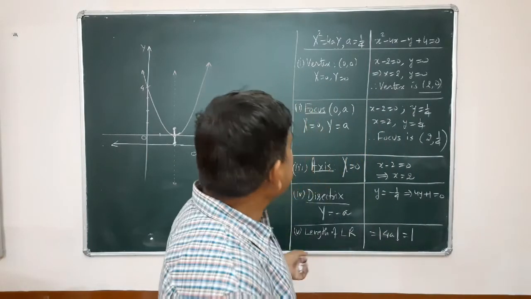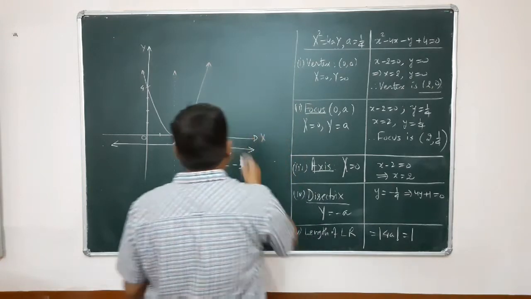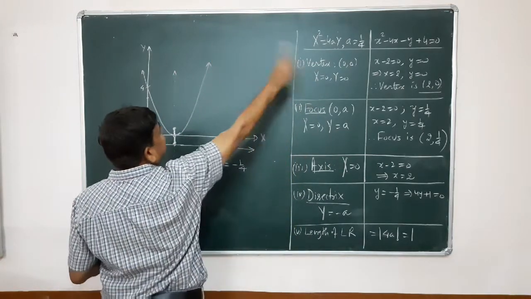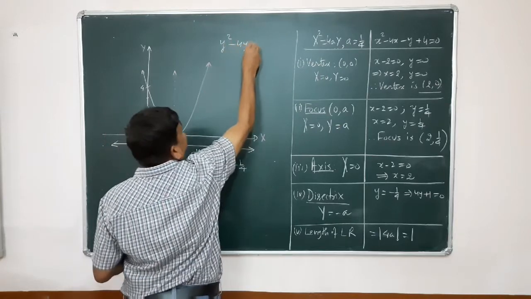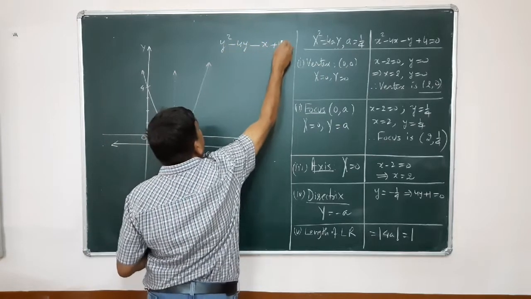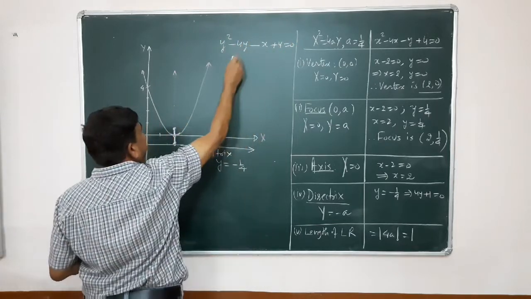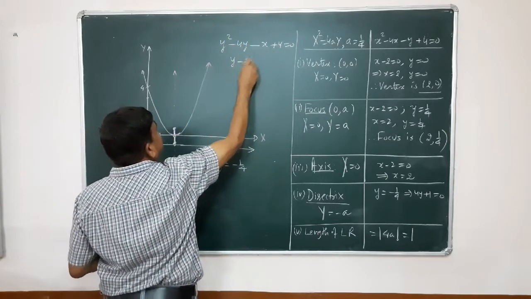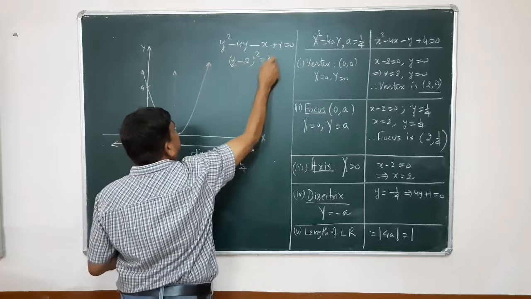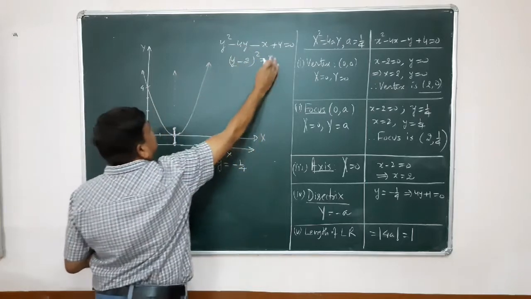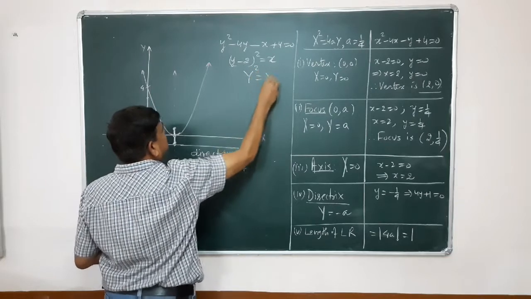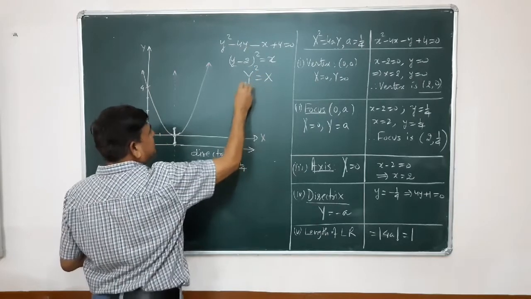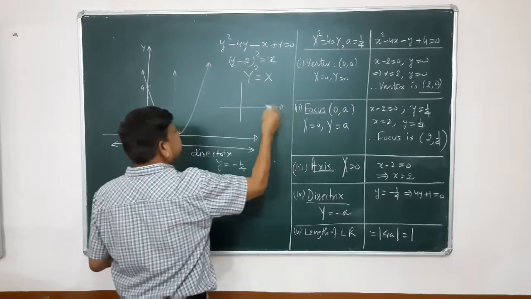Similarly, if the equation is given with x and y interchanged, that is y squared minus 4y minus x plus 4 equals 0, suppose that it is y minus 2 whole squared equals x, then this equation is reduced into this particular one. Then you will see the graph.